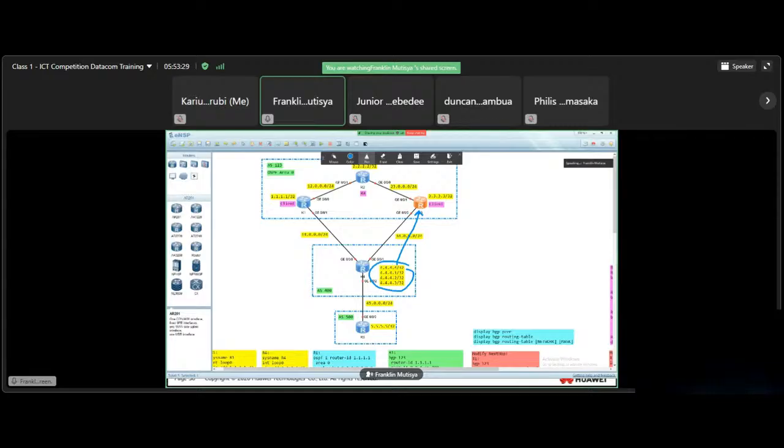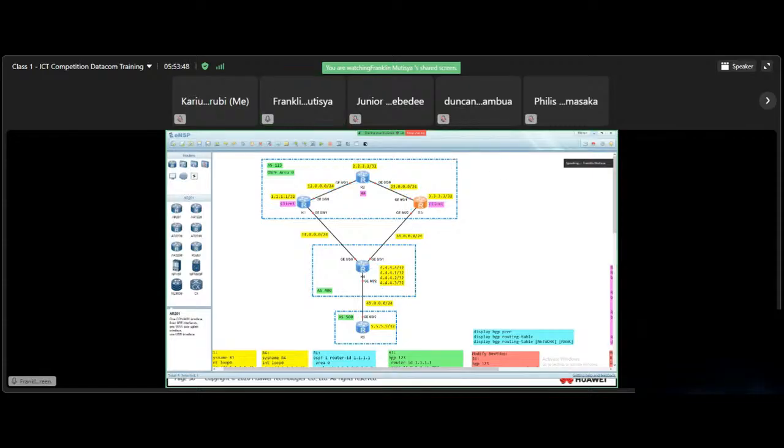They are not advertised again. Or routes that are learned here, we don't need to advertise them to this one because they're on the same IBGP network.